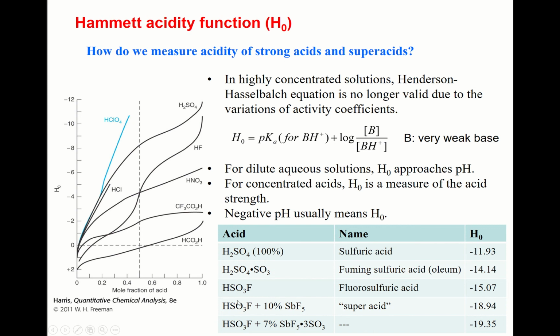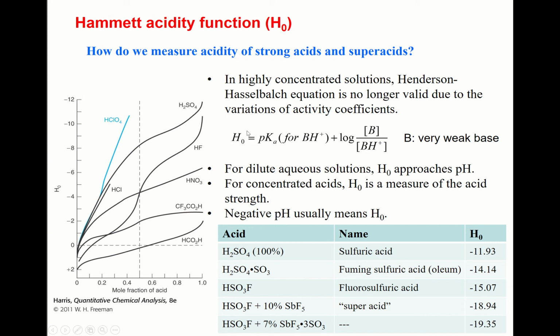The acids listed here are so strong that they can protonate this very weak base. So we can write a Henderson-Hasselbalch-like equation for this weak base, but instead of using pH, we use H0.